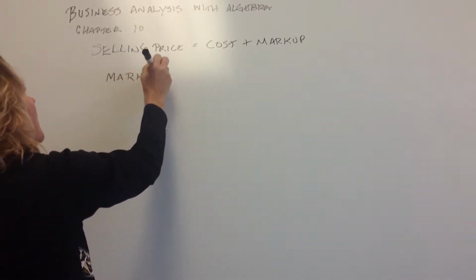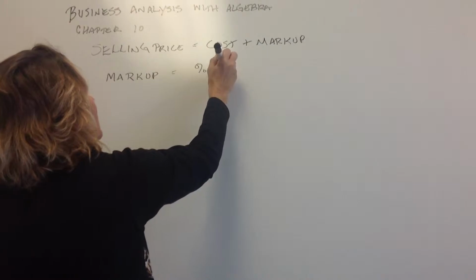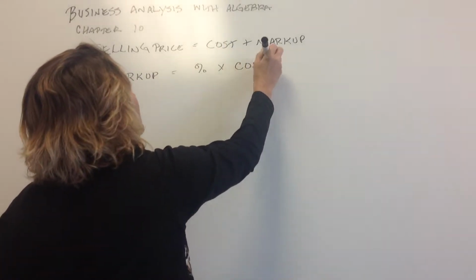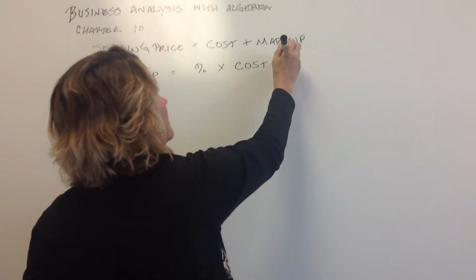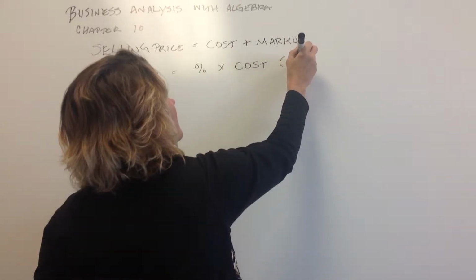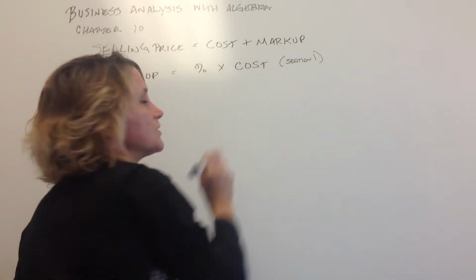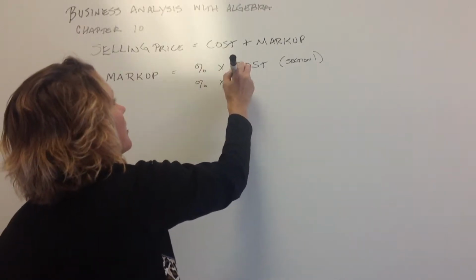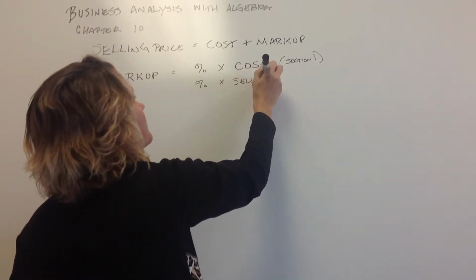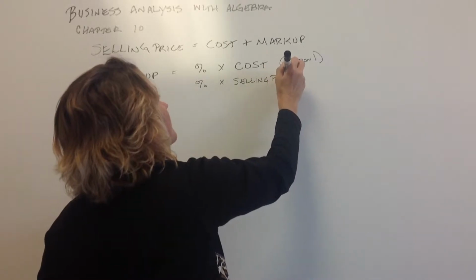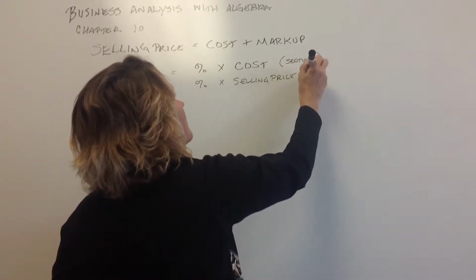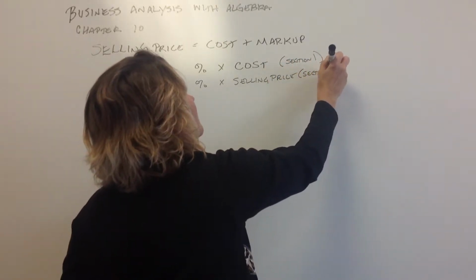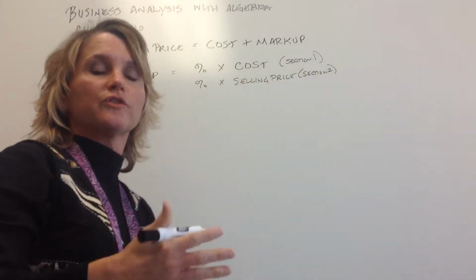And then our markup is a percent times our cost in section 1. And then you'll see when we get into section 2, it's going to be a percent times our selling price. So those are ones that you're just going to want to read carefully.